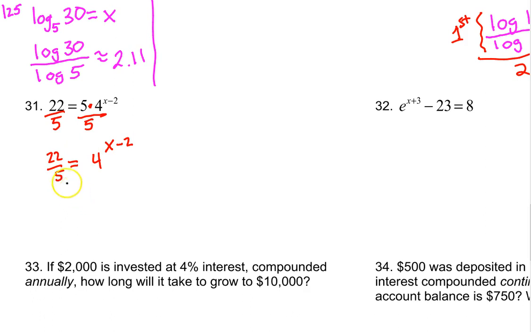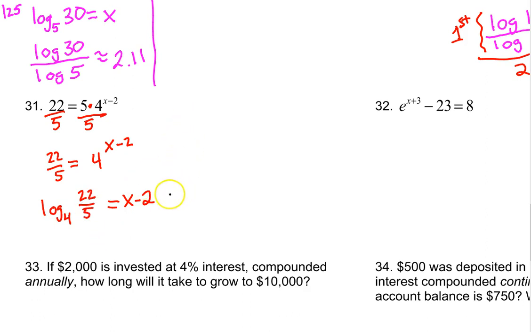And then we can do some logarithms to solve this. So our logarithm format would be equal to x minus 2, because x minus 2 is the exponent here. The base is 4. So 22 over 5 goes here.